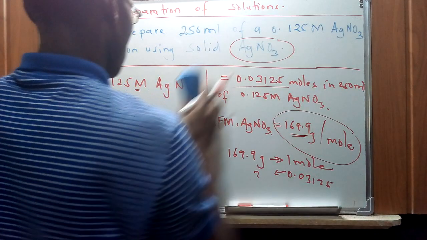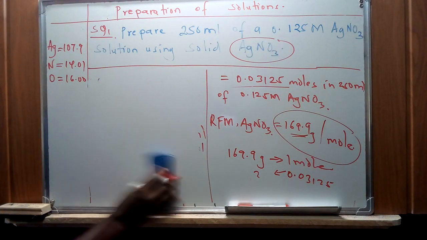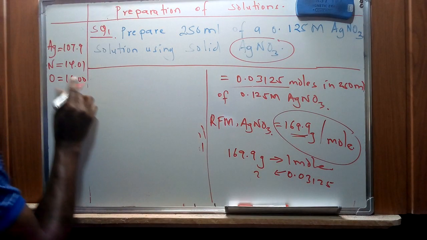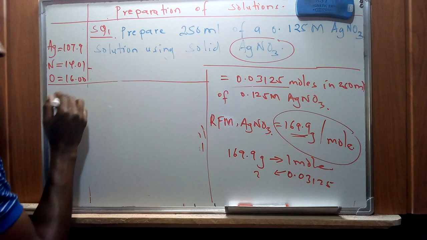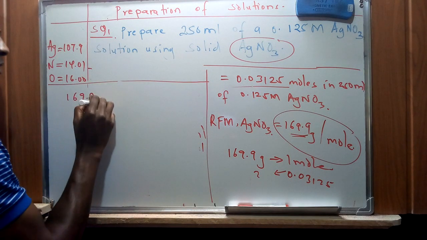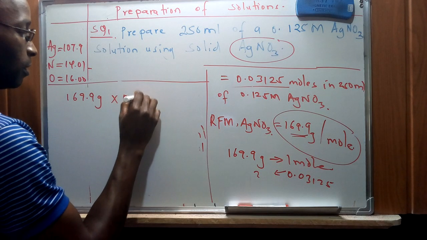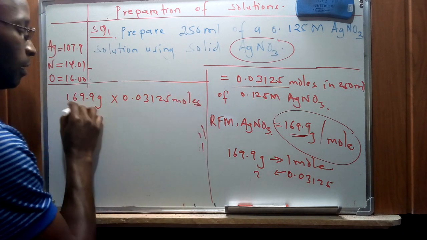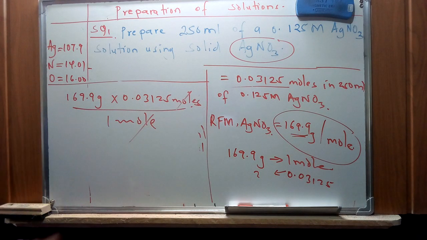I hope I just do away with this so that we can use this space. So from our point there, we can say 169.9 grams times 0.03125 moles divided by 1 mole.